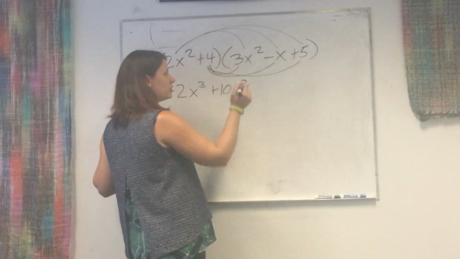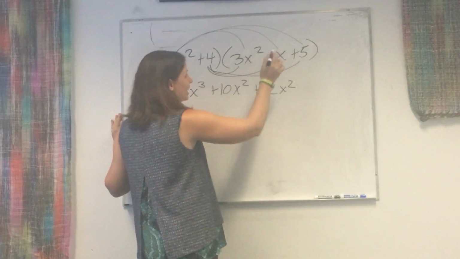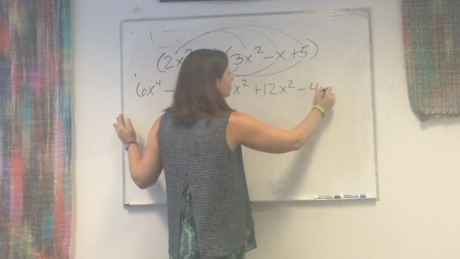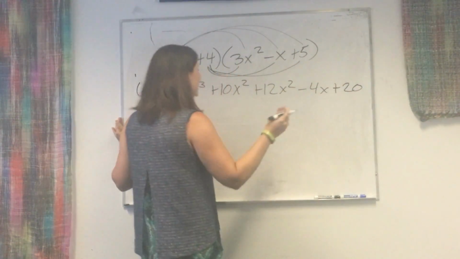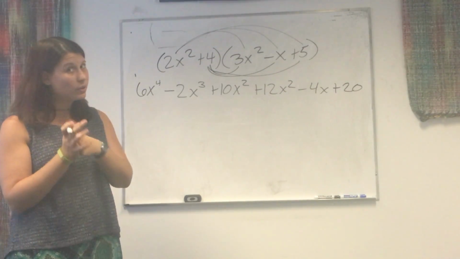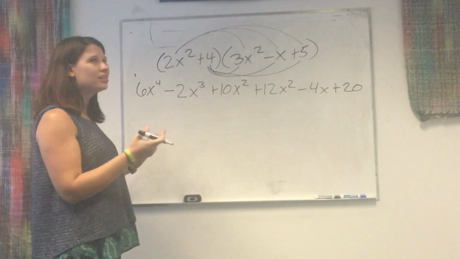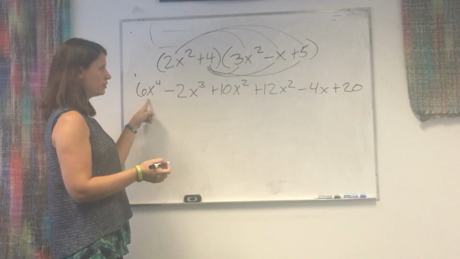So 4 times 3x squared is plus 12x squared. 4 times negative x is negative 4x. And 4 times 5 is plus 20. Now, we still have to combine like terms if we have any. We're not always going to have like terms, but generally there's a couple at least. So we only have one x to the 4th term, right?